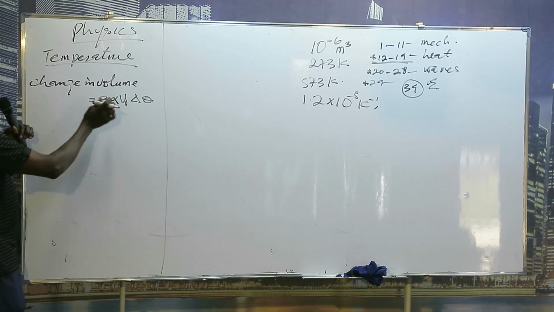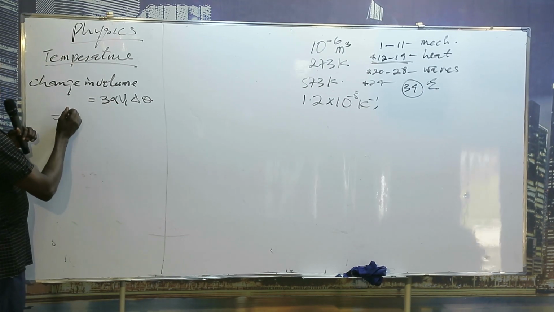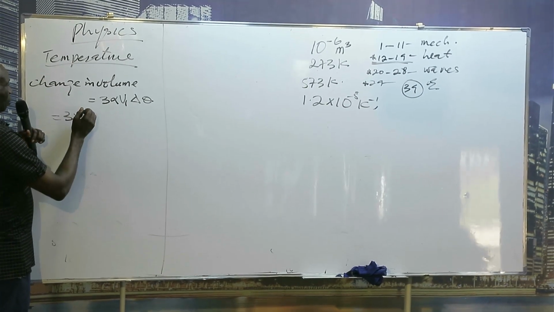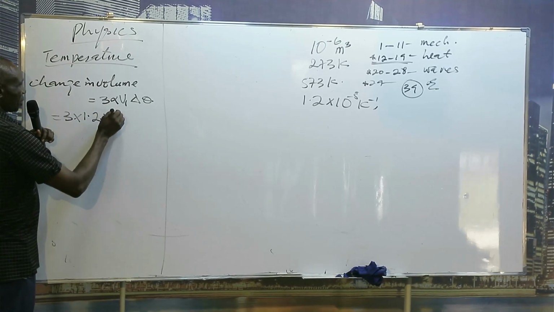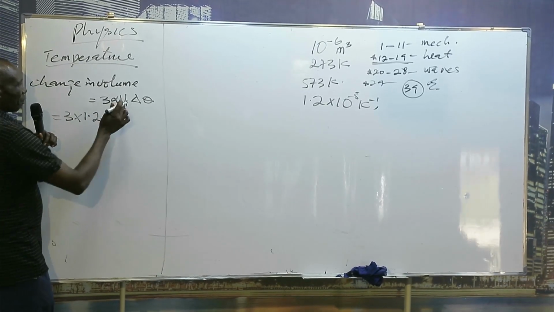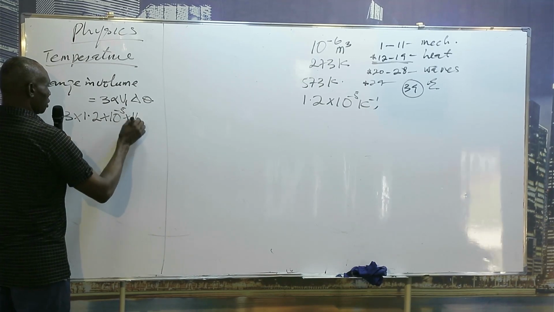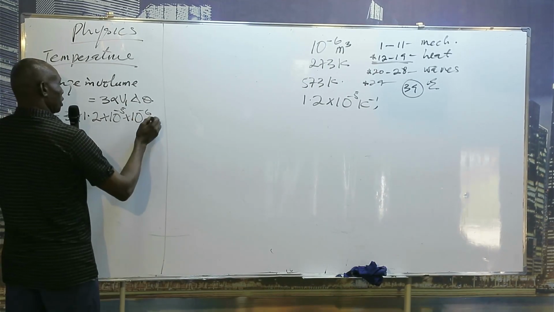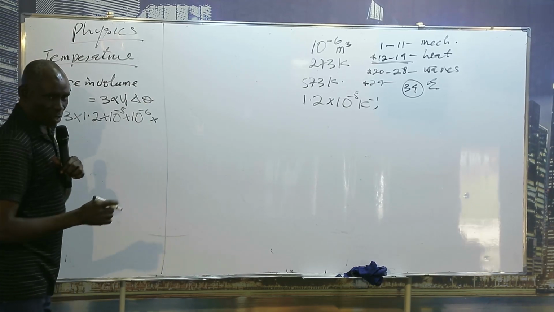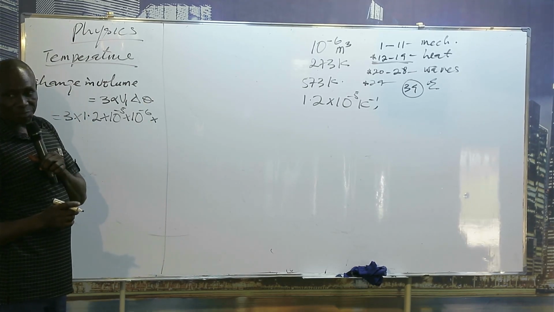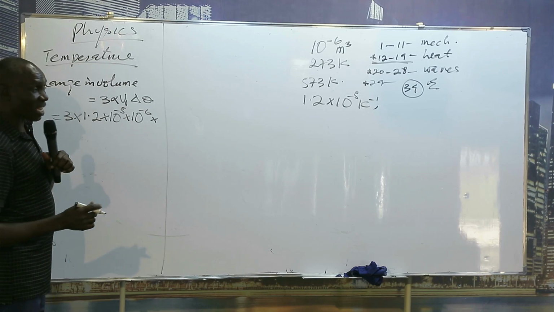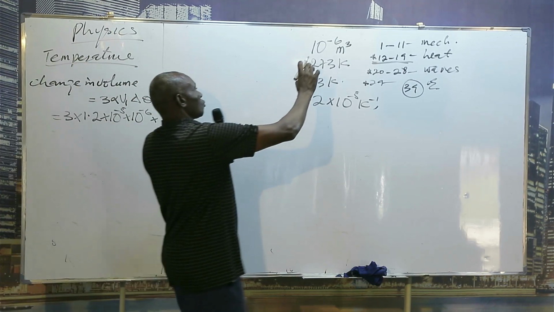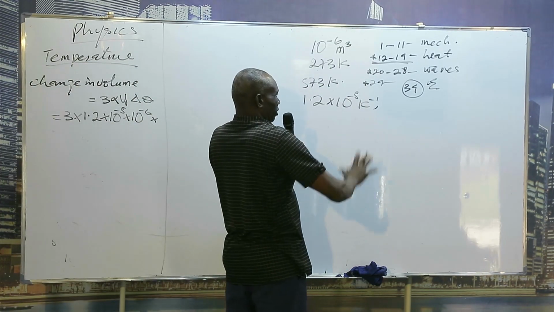And how will I use this? 3 times alpha is 1.2 times 10 to the power minus 5. What is the initial volume? 10 raised to power minus 6. And what is the change in temperature? 100, because I told you, don't change anything.